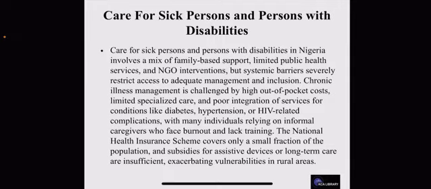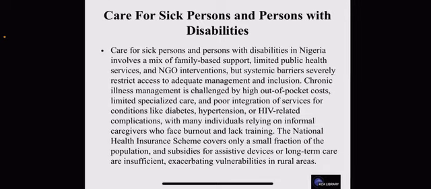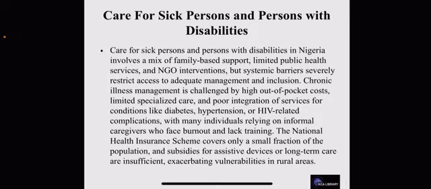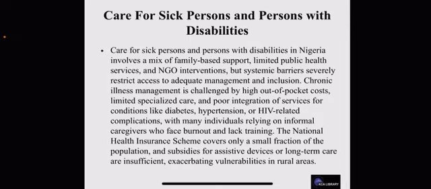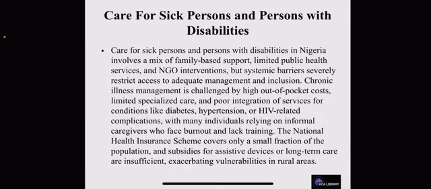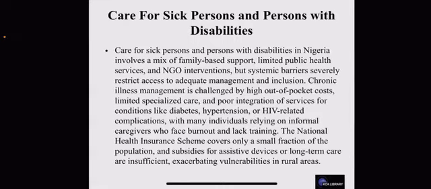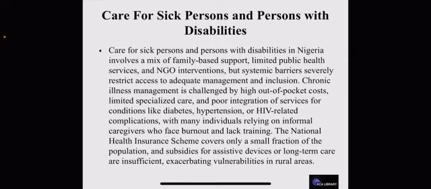So it simply means that care for sick persons and persons with disability in Nigeria involves a mix of family based support, unlike the care for aged persons. It is mixed in the sense that we have family based support, which is very essential and important.